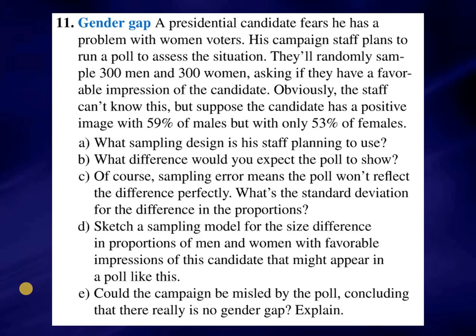Convenience. There's one more. Well, that's not a sample, that's everybody. That's multi-stage, a combination of those. So again, we have simple random sample where the only thing we are doing is randomizing. We have convenience where I go there and I just get folks.